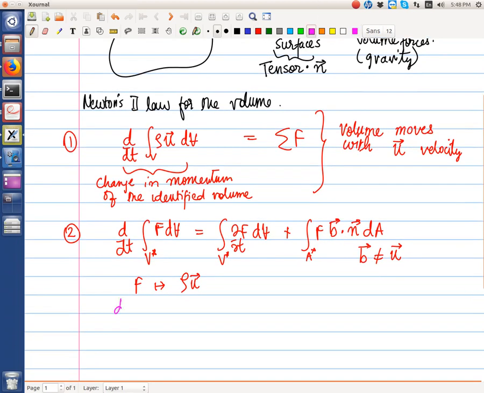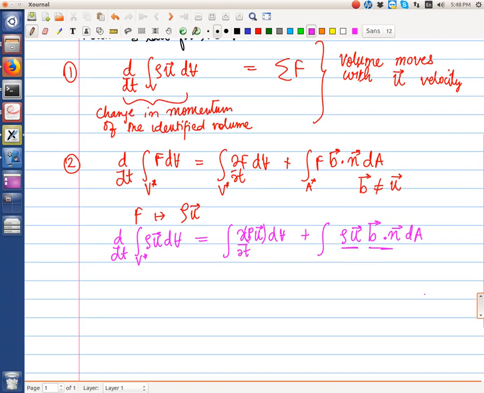And thus we obtain d/dt of the integral of rho u dV over a volume not moving with the fluid is equal to the integral of del/del t of rho u dV plus the integral of rho u u_b dot n dA. This is the quantity and this is the flux.